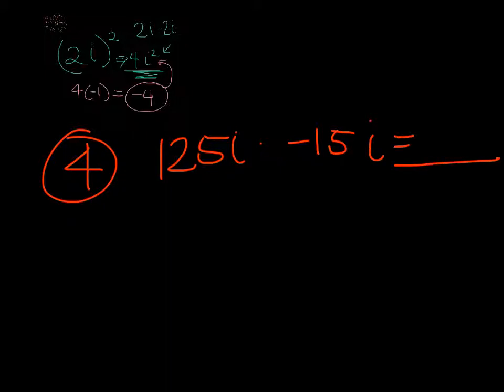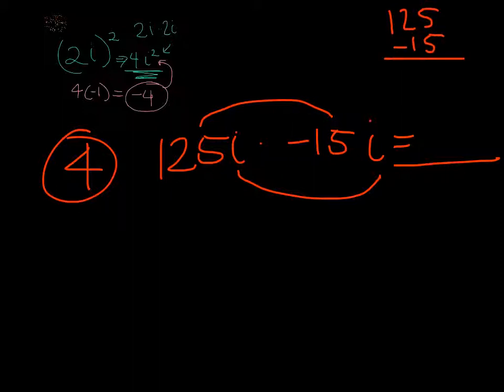We first multiply all our numbers together, 125 times -15 and i times i. So 125 times -15, we end up doing all our distributing and multiplying, and we get -1875.